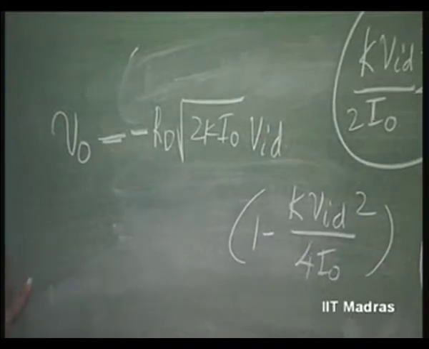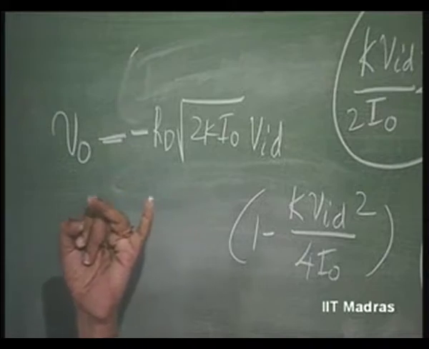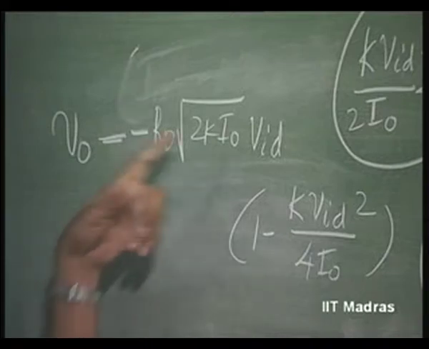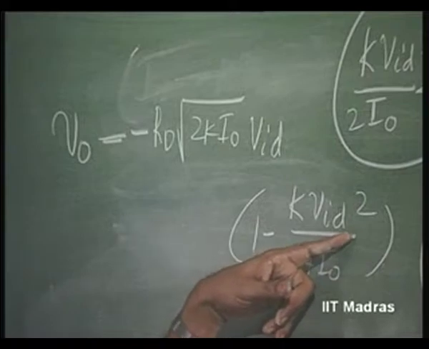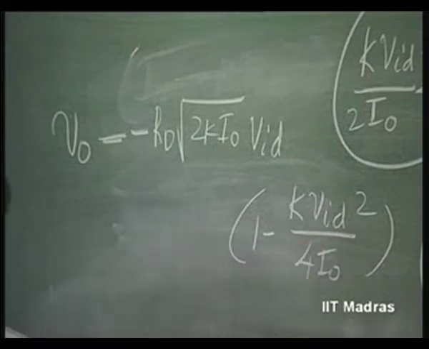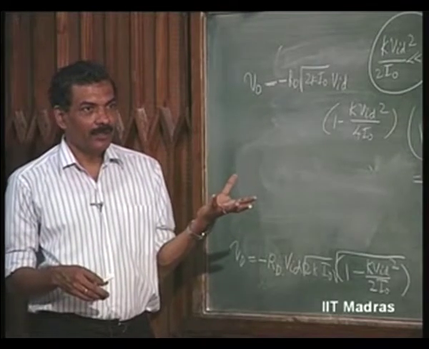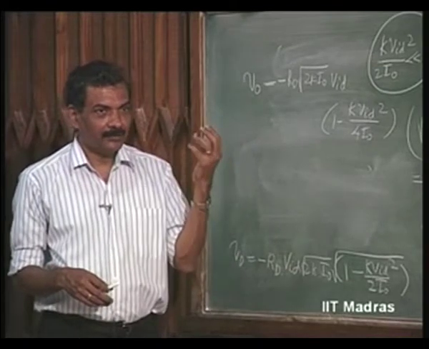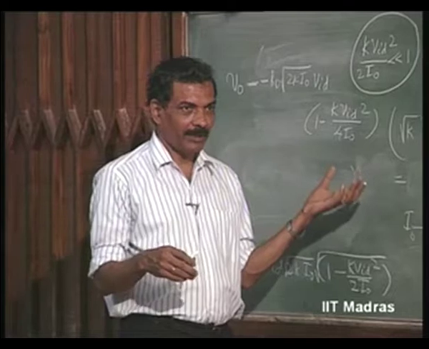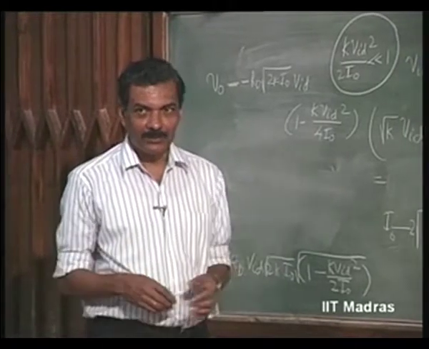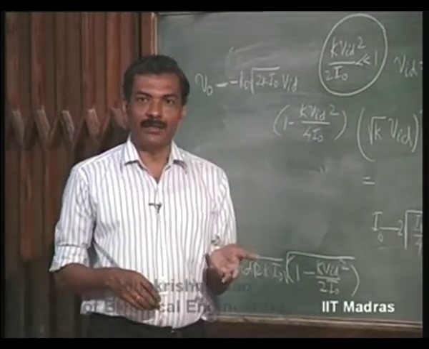Now, what is the nonlinearity existing? Again, you can notice something. This is VID and there is VID cube. So, if you go for only sort of amplifier using, let us say, common source amplifier, instead of common emitter using MOSFET, you go for common source, the nonlinearity will be square nonlinearity.